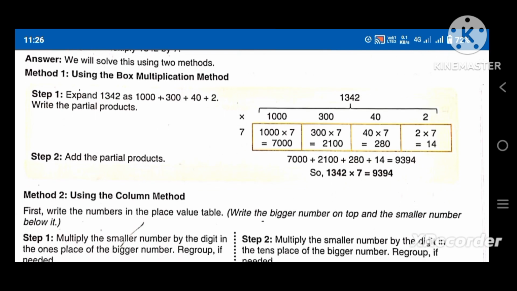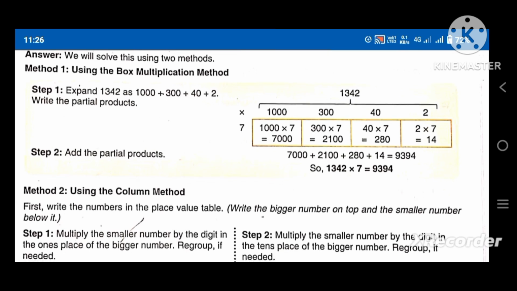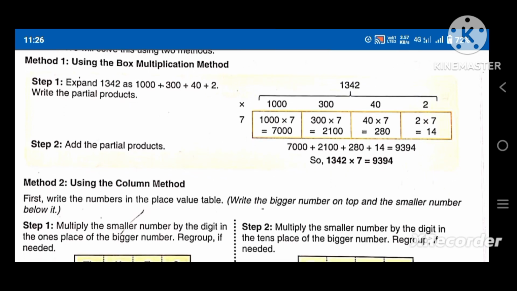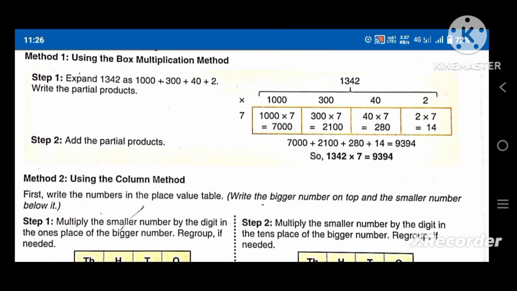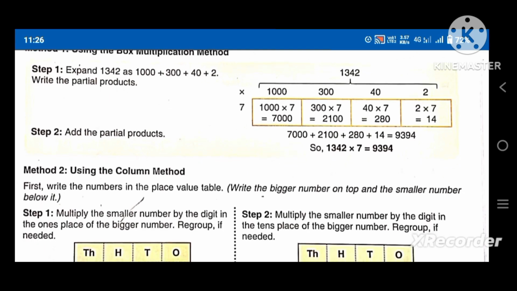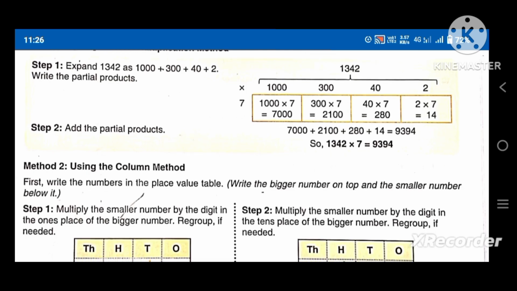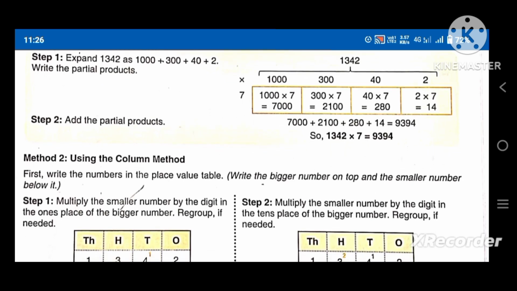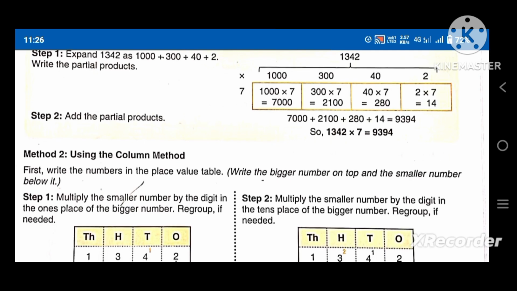Then add the numbers. 7000 plus 2100 plus 280 plus 14 is equal to 9394. So 1342 into 7 is equal to 9394. Step 2, add the partial products.